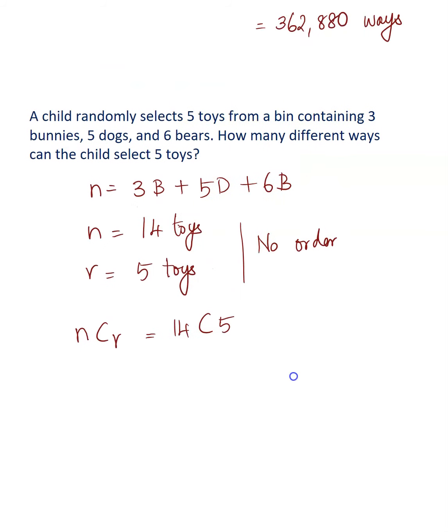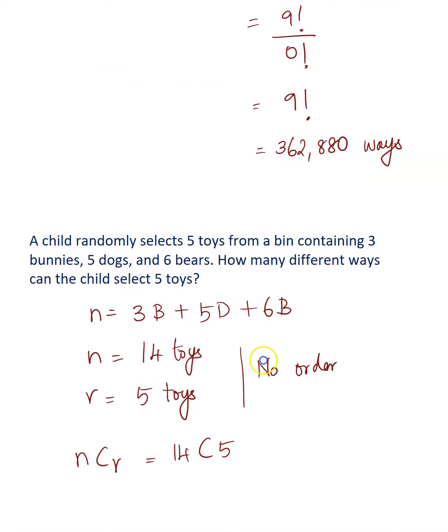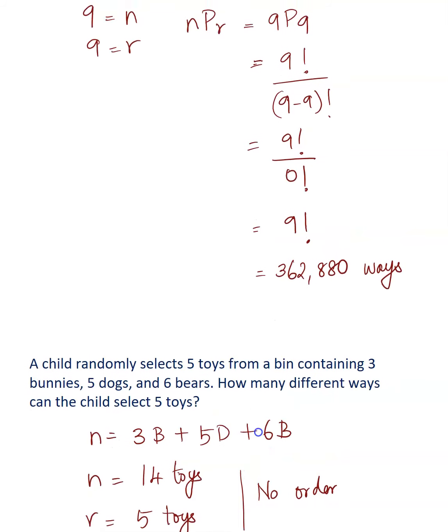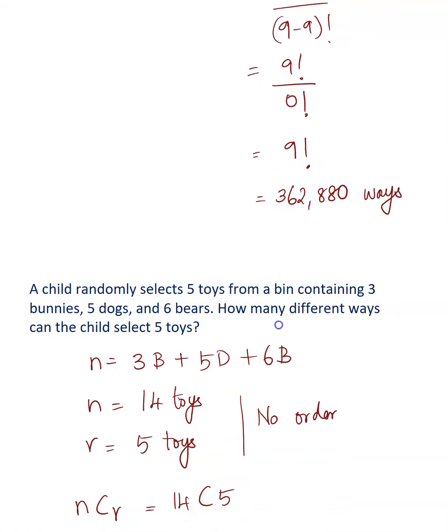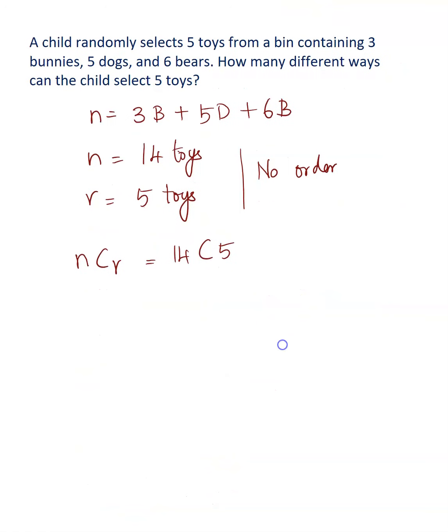In the previous example, I just remembered that I planned to show you how to do it on your calculator for this one. So I'm going to do that here for nCr. It'll be the same process. You just have to use nPr if it's a permutation problem.